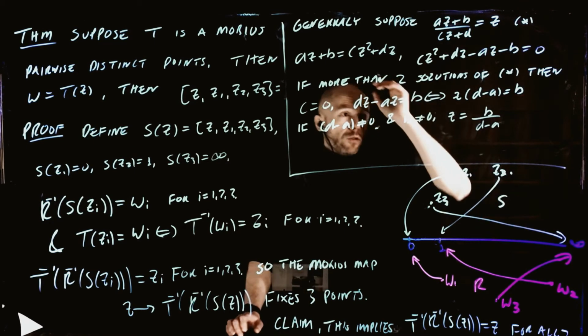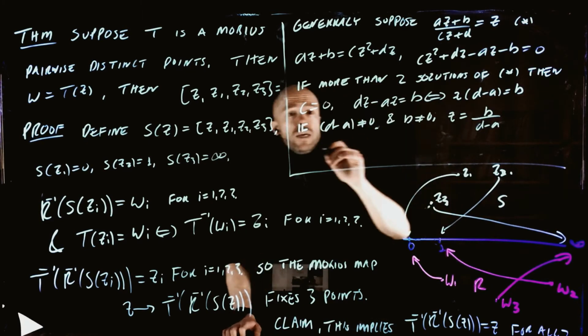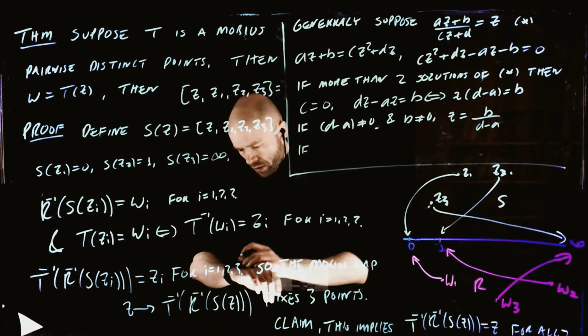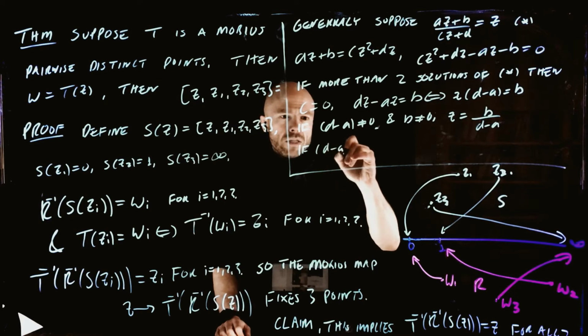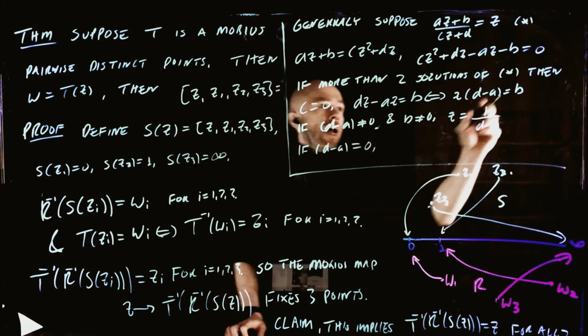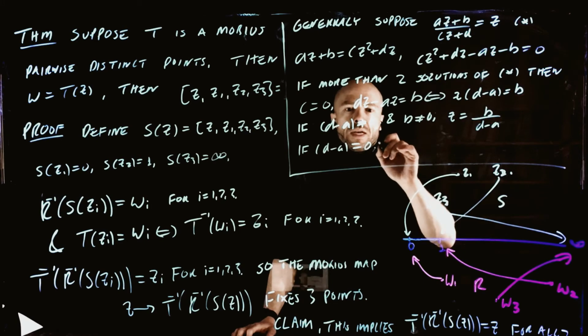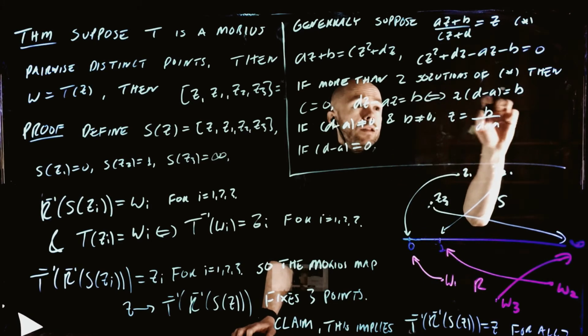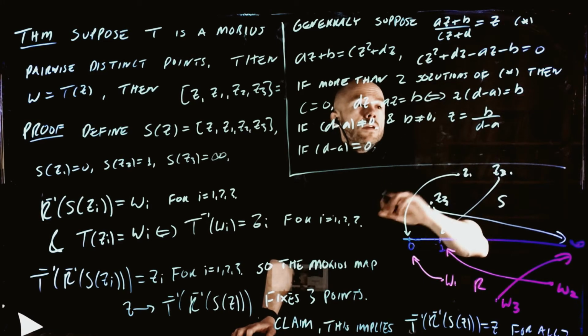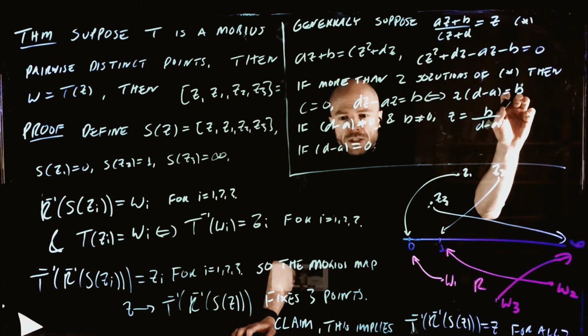So we need some of this stuff to be equal to 0. If d - a is equal to 0 and b is non-zero, then this equation is impossible, yeah? There's no way that this equation has any solutions unless b is actually equal to 0.